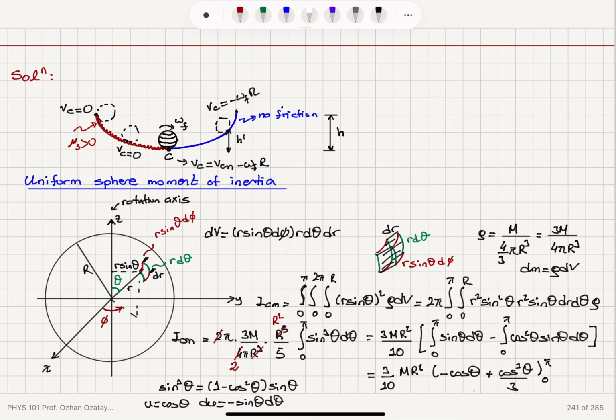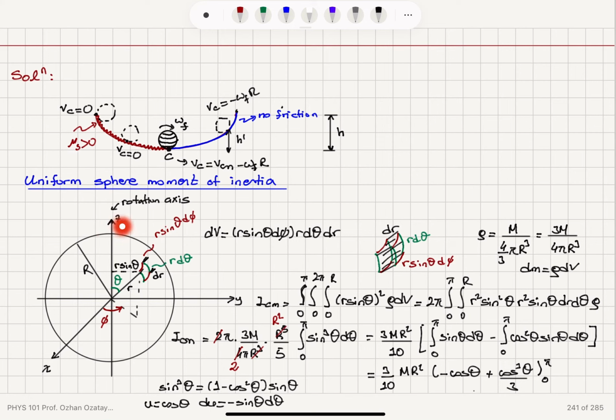In order to calculate the moment of inertia, we have to look at the mass element whose mass is rho dV and find its distance to the rotation axis. The distance to the rotation axis, which is the z-axis, is r sine theta. So it's going to be the integral of (r sine theta) squared dm. And for dm, we substitute rho dV, and then we see that theta should go from 0 to pi.